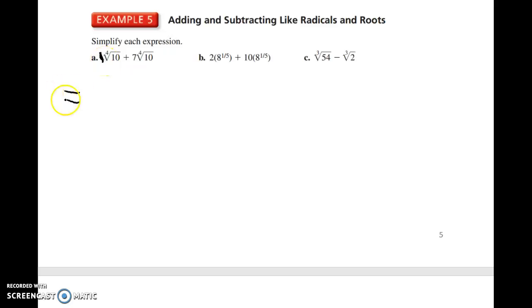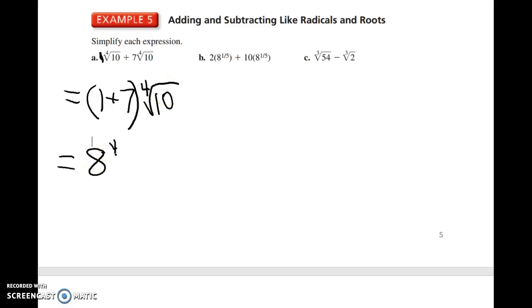So the way your book's going to write it is 1 plus 7 times the 4th root of 10. And that's just going to equal 8 times the 4th root of 10. And that's how we simplify that.